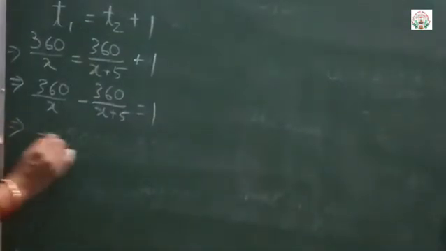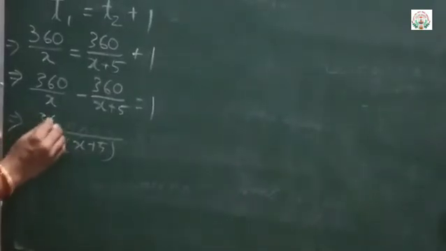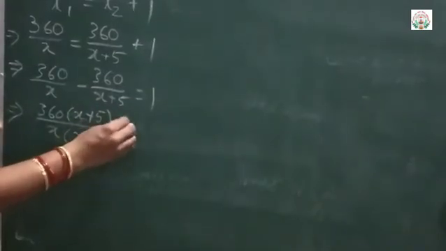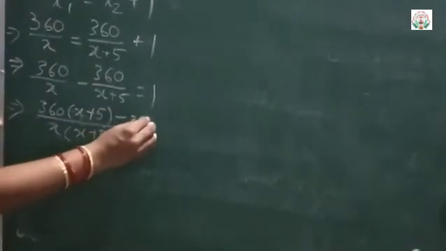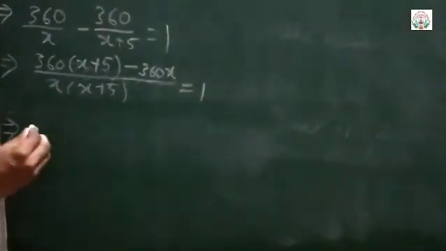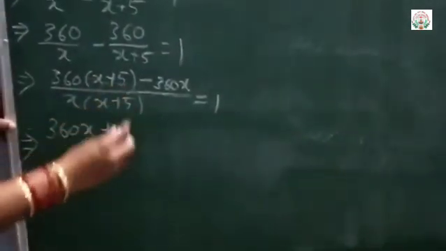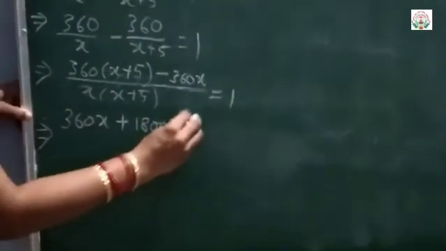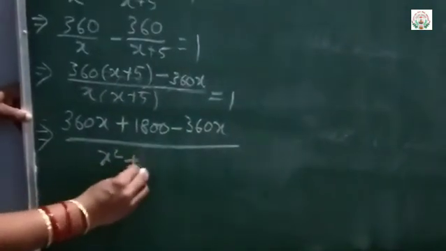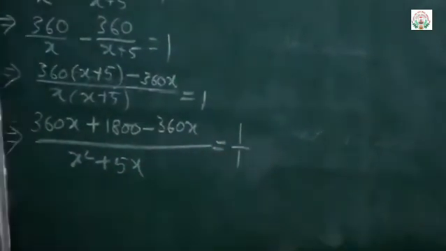Then take LCM. x into x plus 5 equals 360 into x plus 5 minus 360 x, equals 1. On simplifying, 360 x plus 360 into 5, which is 1800, minus 360 x, upon x square plus 5x, equals 1 upon 1.